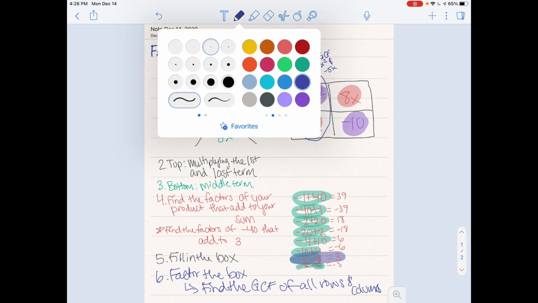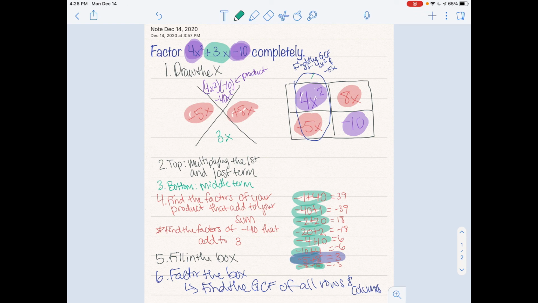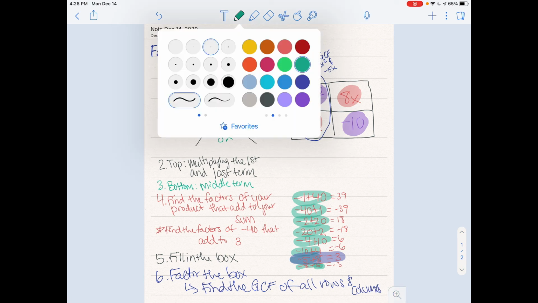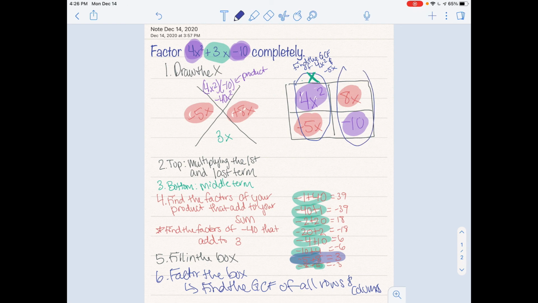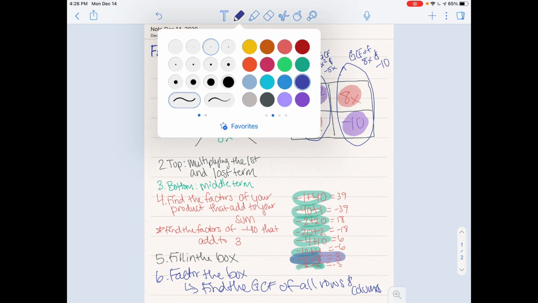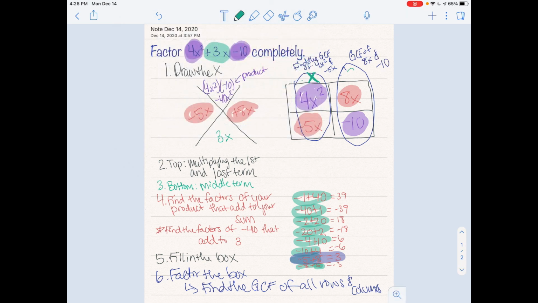Our greatest common factor is going to be just x in green. So x is the largest factor that goes into both 4x squared and negative 5x. Moving on to our second column, we want to find the GCF of 8x and negative 10. We can see that that is going to be 2.